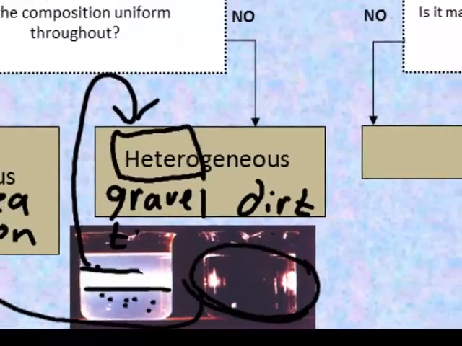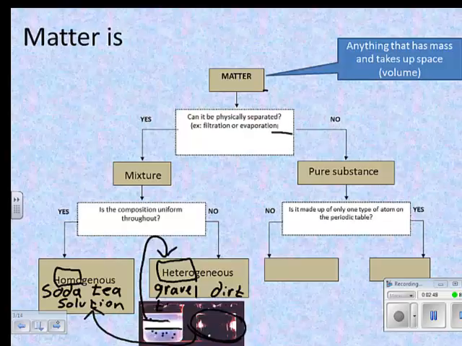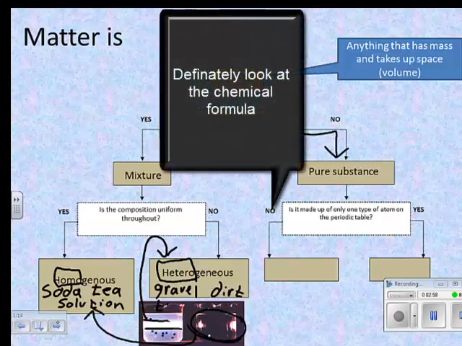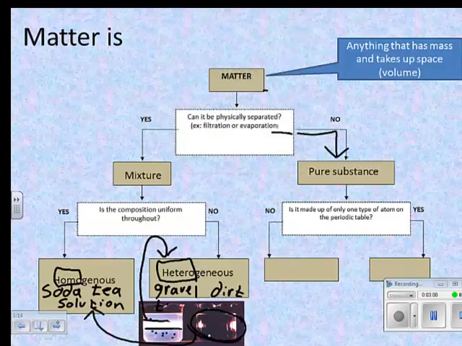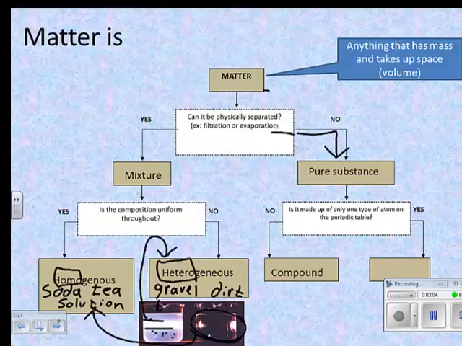So let's go back up to the top of our chart, and we start off with matter. Now our matter can or cannot be physically separated. Once you classify it as a pure substance, you need to look at it and maybe even look at the chemical formula. Is it only made up of one type of atom on the periodic table? If the answer is no, we're going to call that a compound. So compounds are going to be H2O, it's going to be sugar.